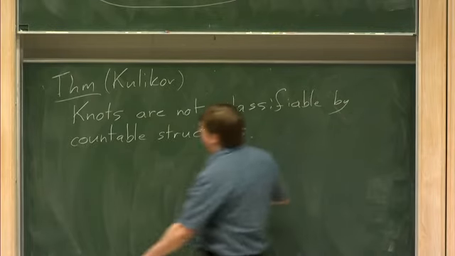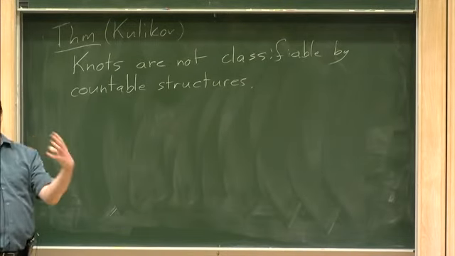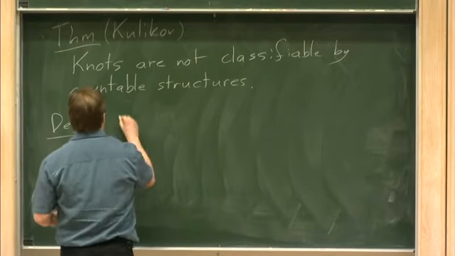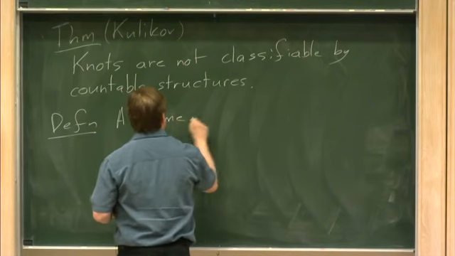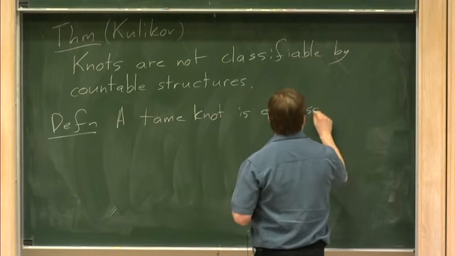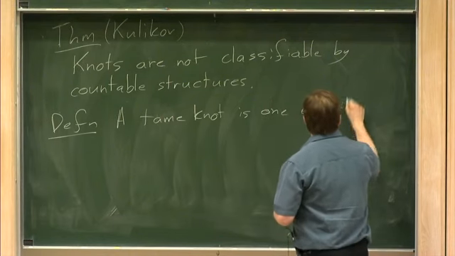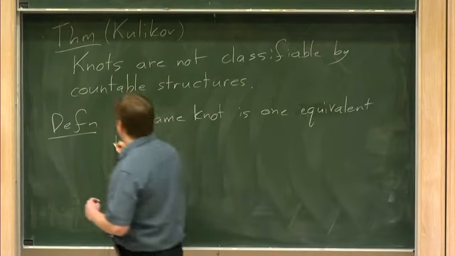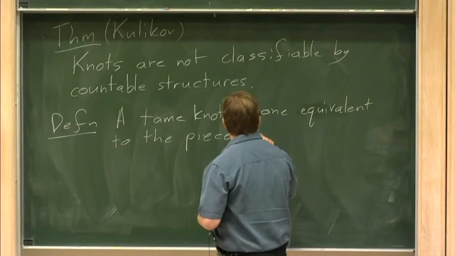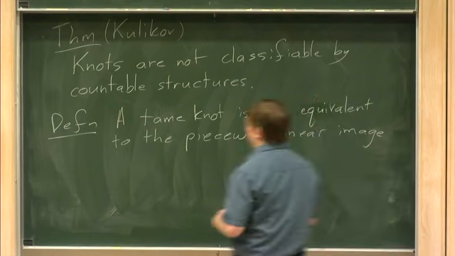So we're going to be interested in tame knots, which is more your intuition for knots, for finite things. Definition: a tame knot is one equivalent to the piecewise linear image of a polygon.